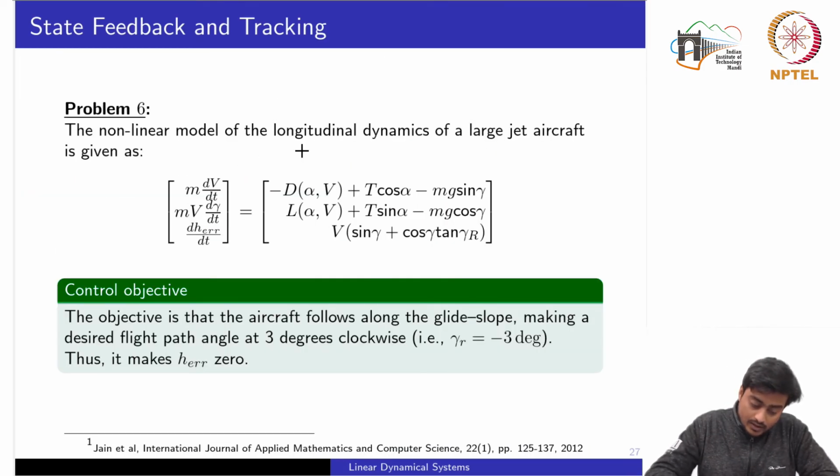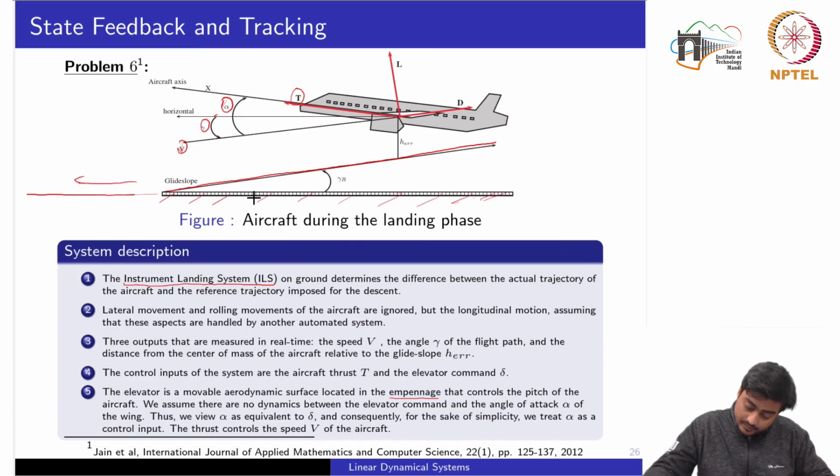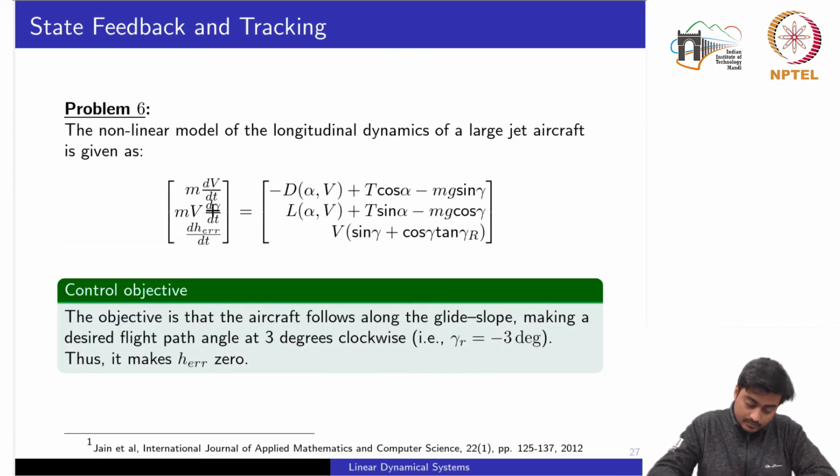Now, the nonlinear model of only the longitudinal dynamics of a jet aircraft is given by this, where we have the differential equations in terms of the velocity, gamma, which is the flight path angle, and also the distance between the center of mass of the aircraft and the glide slope.